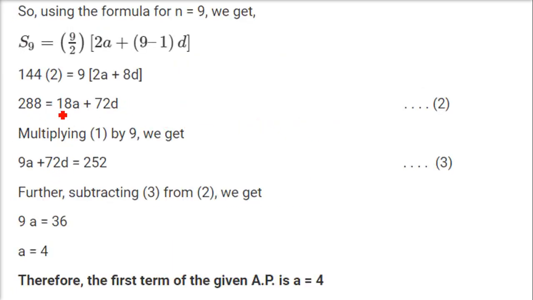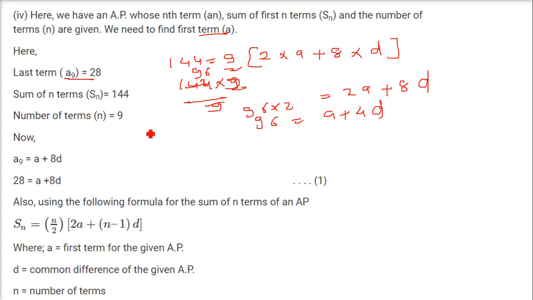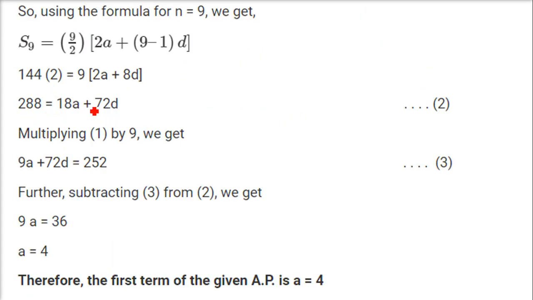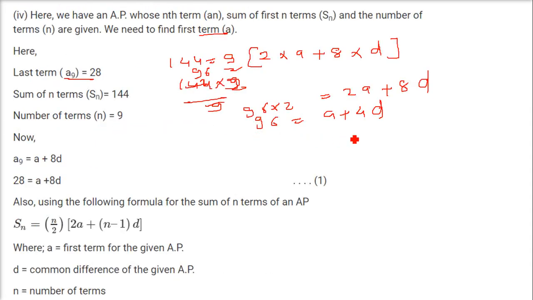This is our first equation. So let us just keep it like this because we have got 288. So we can just solve it also. So let it be like this. a plus 4d equal to 96. Now the other equation is a9 equal to 28, that is 28 is equal to a plus 8d. So we have a plus 8d equal to 28.